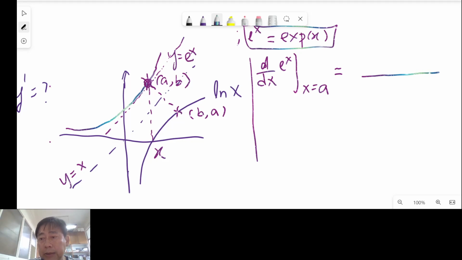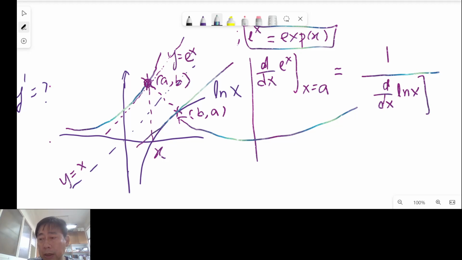Specifically, the derivative of the exponential function at this point is equal to the reciprocal of the derivative at this point. This is a point sitting on the logarithmic function which has an x coordinate equal to b. So the derivative at this point on the logarithmic function is the derivative of the natural log at the point where x is equal to this number b.